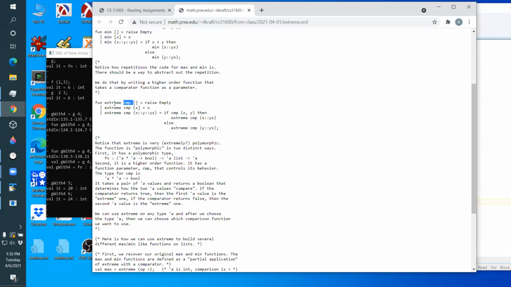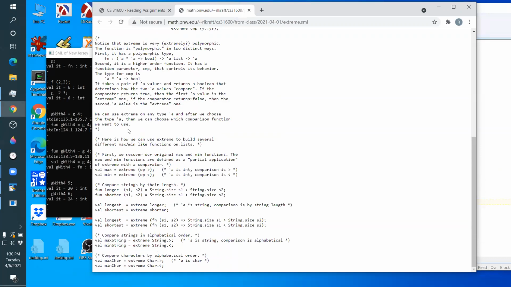So this guy parameterizes this. So if you give this thing that, you've got a special case of extreme. And so you can give it a name. So max is the special case of extreme that uses the greater than operator, and min is a special case of extreme that uses the less than operator.